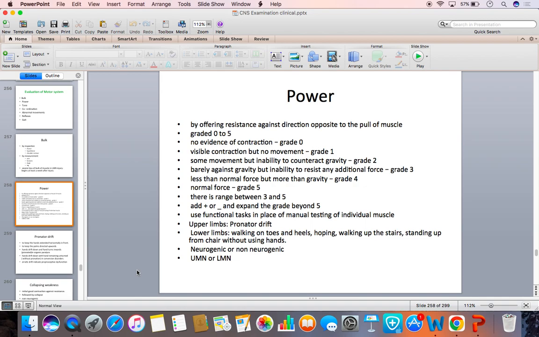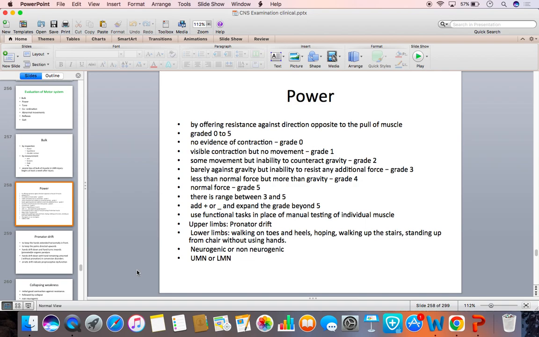So you can add 1 plus to expand the grade beyond 5. Then that's how the power is tested, by the resistance to active movement around a joint.